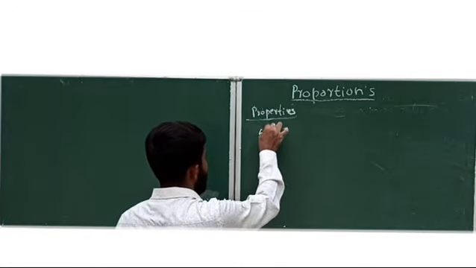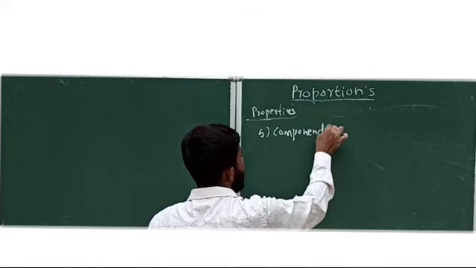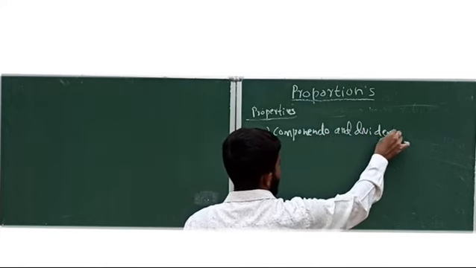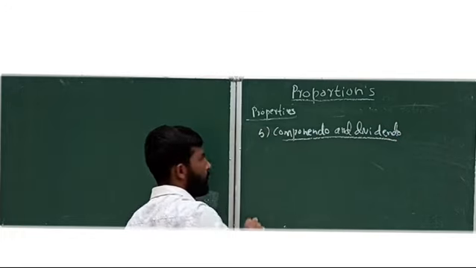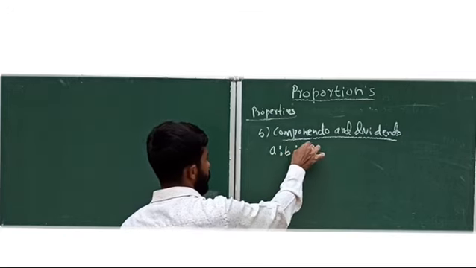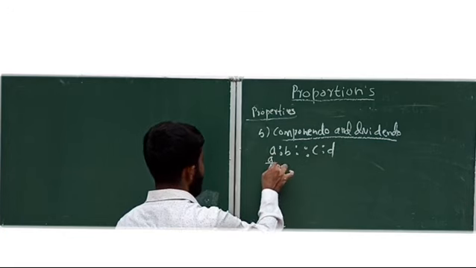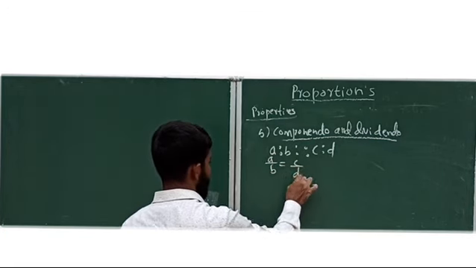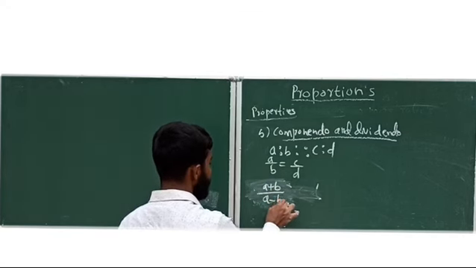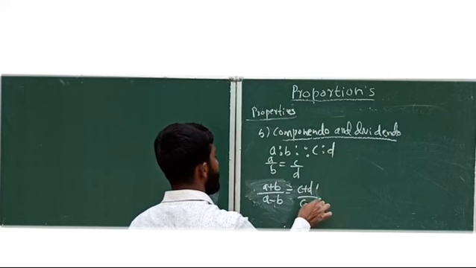Next one is componendo and dividendo. Here both are there, componendo as well as dividendo. A is to B proportional to C is to D is a given proportion. That means A by B is equal to C by D. Then the value (A plus B) divided by (A minus B) equal to (C plus D) divided by (C minus D).